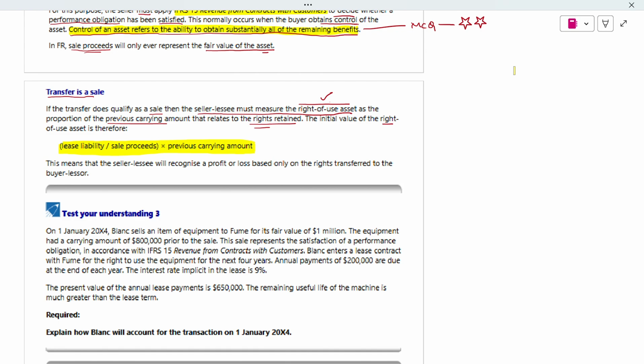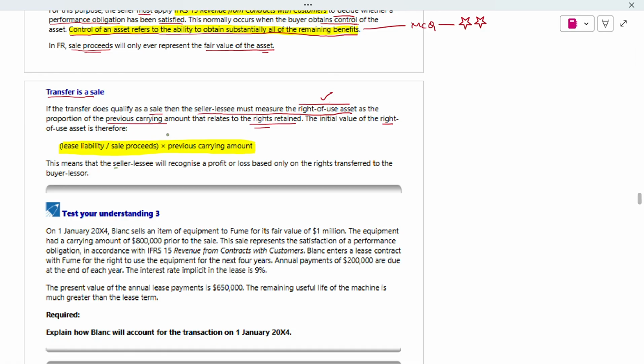The initial value of the right of use of asset is the lease liability divided by the sale proceeds, multiplied by the previous carrying amount. If it is not a sale, what do we have to do? We have to know the lease liability, sale proceeds and previous carrying amount, and how to calculate them.